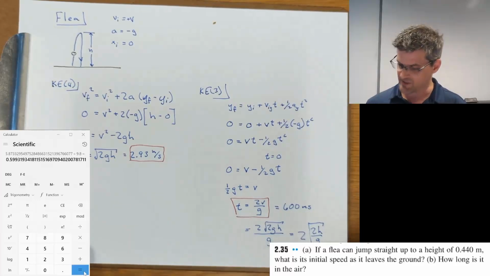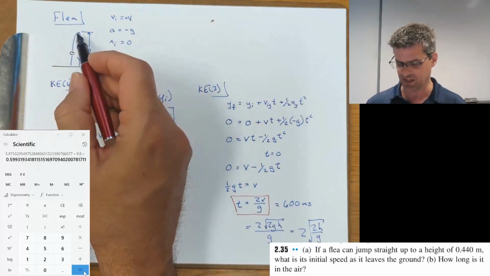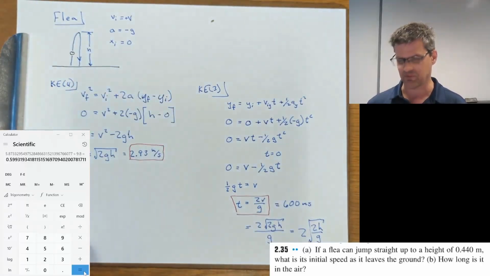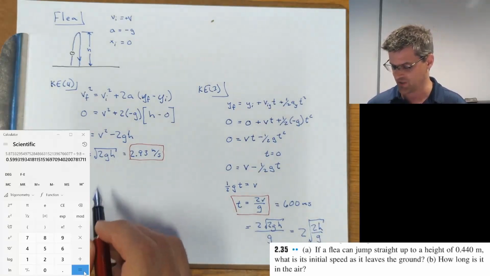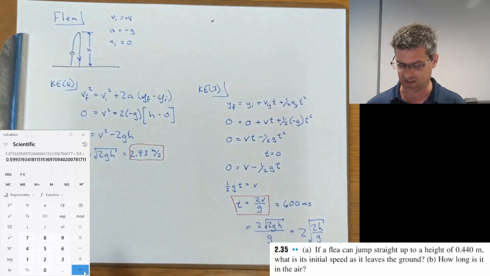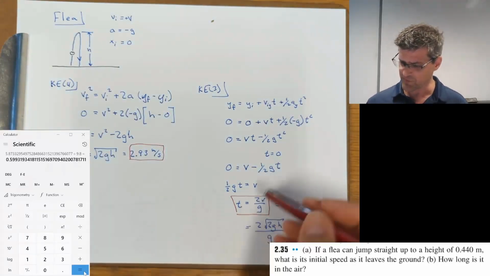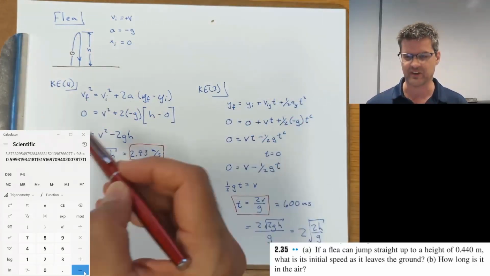And what's kind of interesting, now this is basically double the time that it would have taken to get from the ground to the top and going back from the top to the ground again. We haven't really found this 2h over g. We could have found it over here if we wanted to, find out how long it takes to get from the ground to that height h, but this is exactly what we would have found. But this gives us some experience practicing and working with two different kinematic equations.